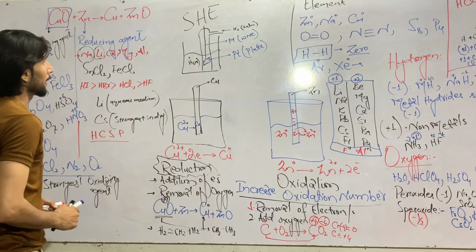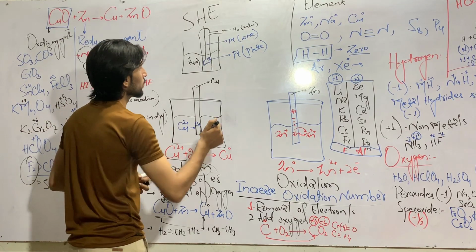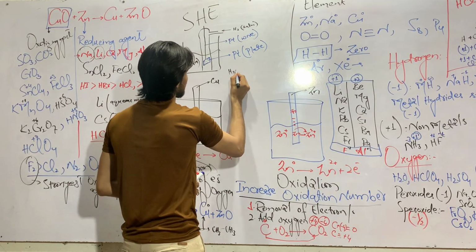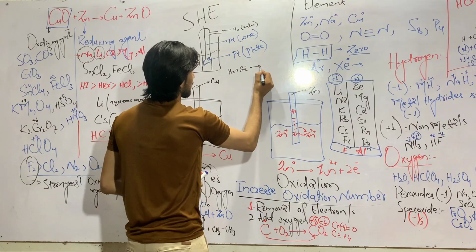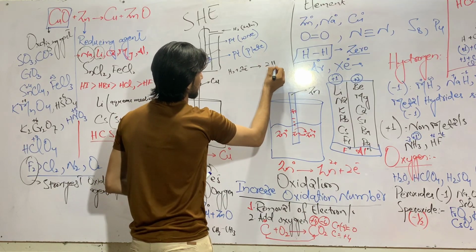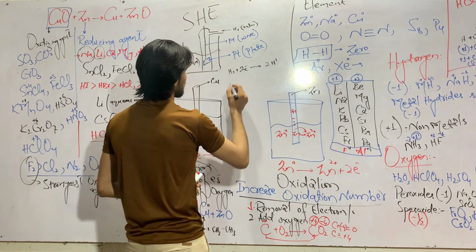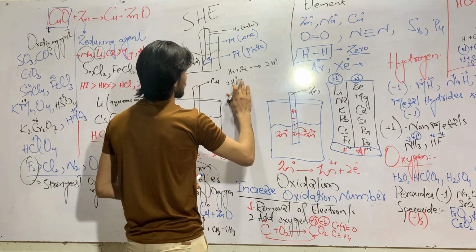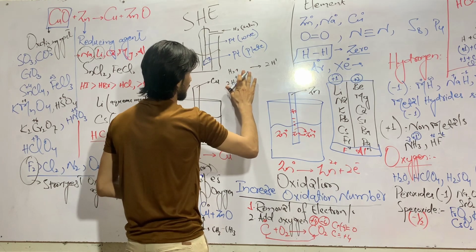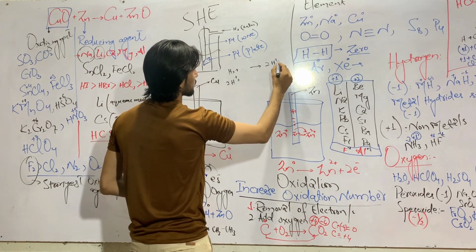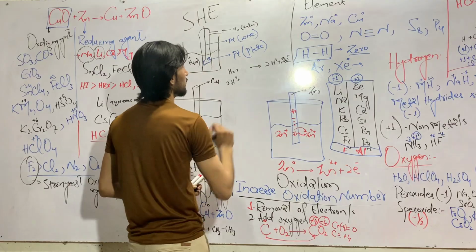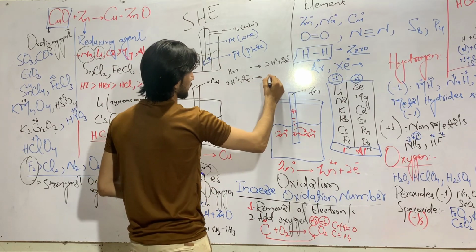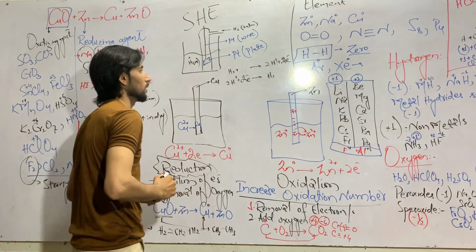Now here we see an equal tendency for both: hydrogen gas giving off electrons and converting into hydrogen ions, and hydrogen ions taking up electrons and converting back into hydrogen gas.